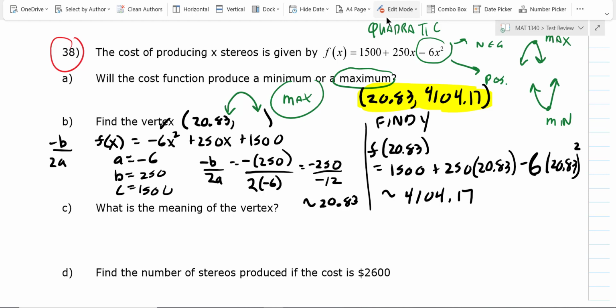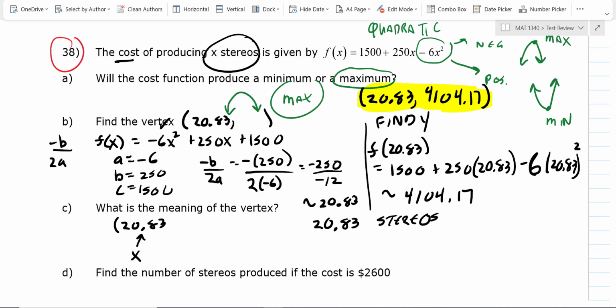Okay? Now, if we read the problem, we want to write what this thing means. So the 20.83 is the x value. What does it say about this? It says that's how many stereos you have. So basically the vertex would say you have 20.83 stereos. That's the context of the problem. And then the function value is the cost.